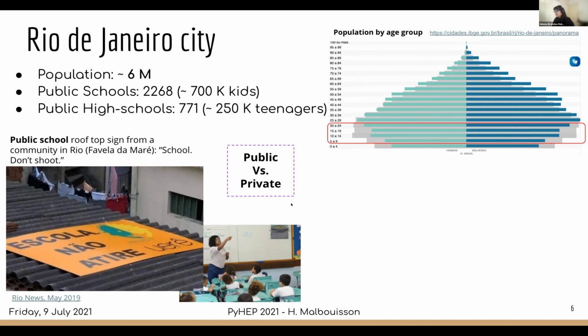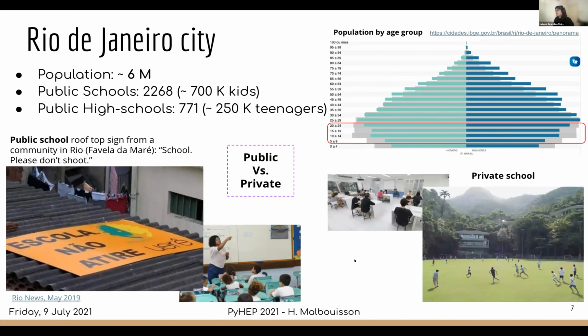And on the opposite side of this, we have the private schools that are quite different, as you can see. So here on the bottom right is a picture of a private school with a very well-equipped lab and classrooms.